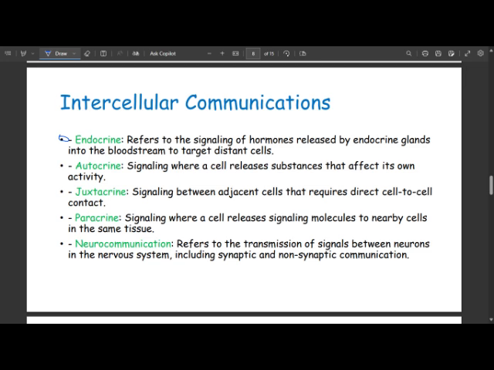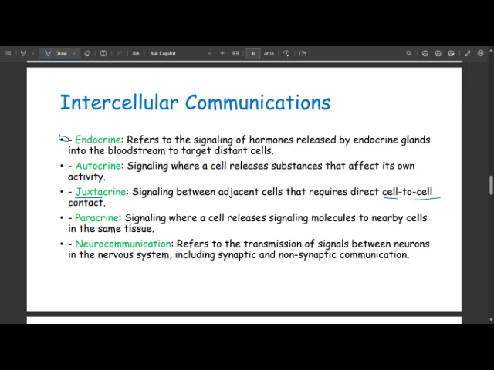And in juxtacrine, on the other hand, from the word juxtaposition, that means next to. So signaling between adjacent cells that are right next to each other. These require direct cell-to-cell contact. Okay, let's say for example, a macrophage and a phagocyte, where a macrophage acts as an antigen presenting cell that presents the antigen to the phagocyte for phagocytosis.